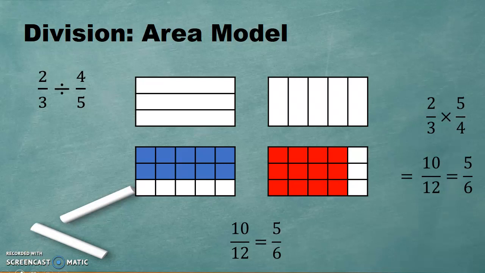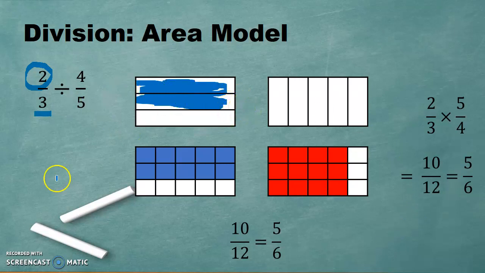Now, our dividend is going to be represented in this first rectangle, and our divisor will be represented in this second rectangle. Now, the denominator of our dividend tells us how many rows to have. So we have 3. The numerator tells us how many of these 3 rows should be shaded in. So it says 2, so we're going to shade in 2.